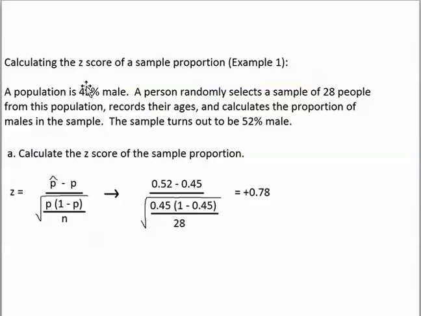So the entire population that the sample came from is 45% male, and the 28 people in the sample are 52% male. In other words, this sample of 28 people is about half male. It's maybe 15 males and 13 females.